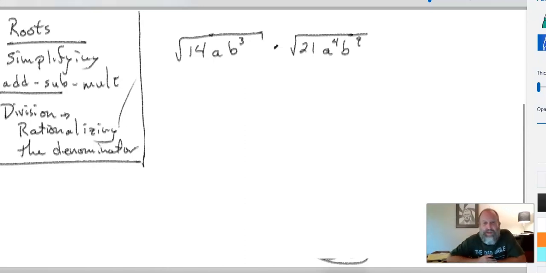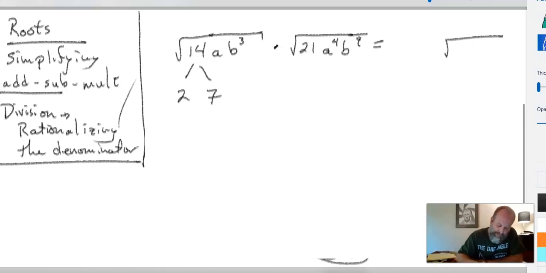Let's think we're doing something crazy here. Again, you can just think of everything together. So if we're going to start sorting this, one of the things we can do is factor out both of these: 2 times 7, and then this one is 3 times 7.